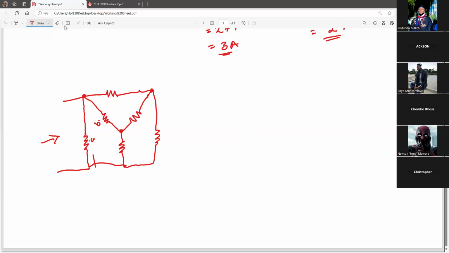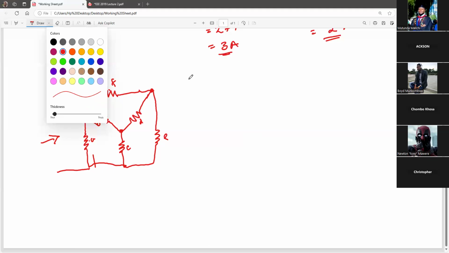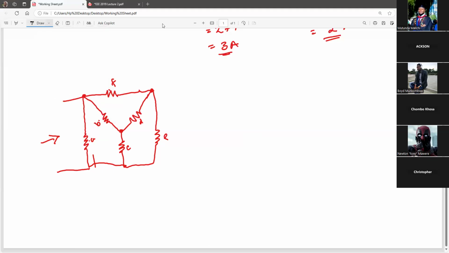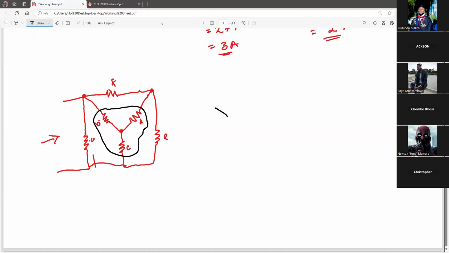But if you look at this circuit properly, you would realize that there are resistors A, B, C, D, E, F. You can choose to say these resistors B, C, D are connected in Y, because we have B there, we have D there, we have C there.